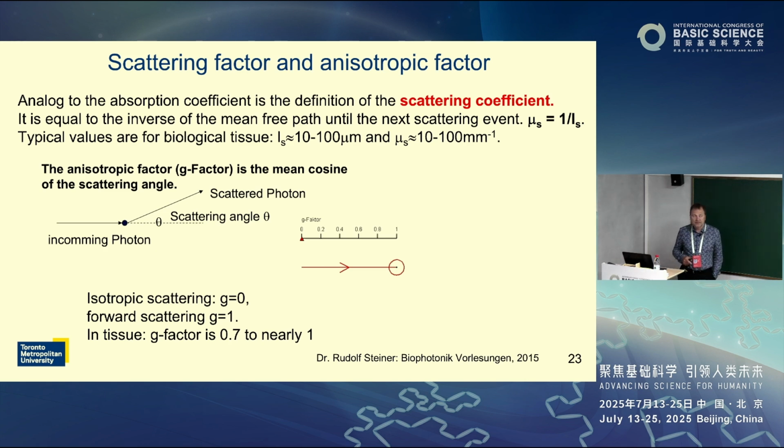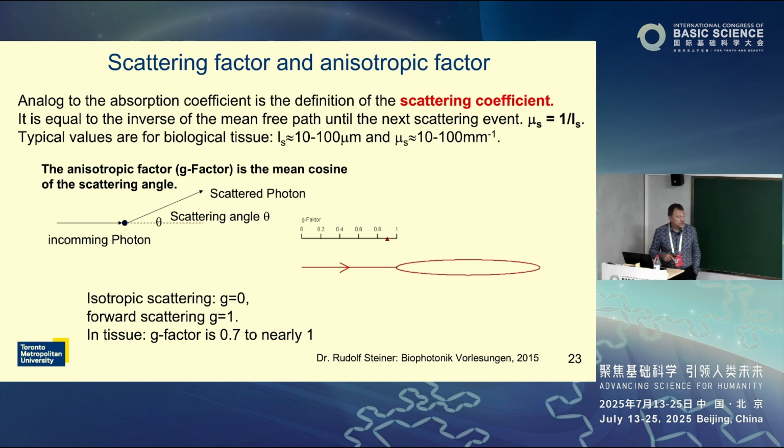And the G factor, in case of minus 1, it means that all photons scattered back. G factor 0 means it's isotropic. It may be scattered in any direction. And in case of G factor 1, as you can see, it's predominantly or only forward scattered.